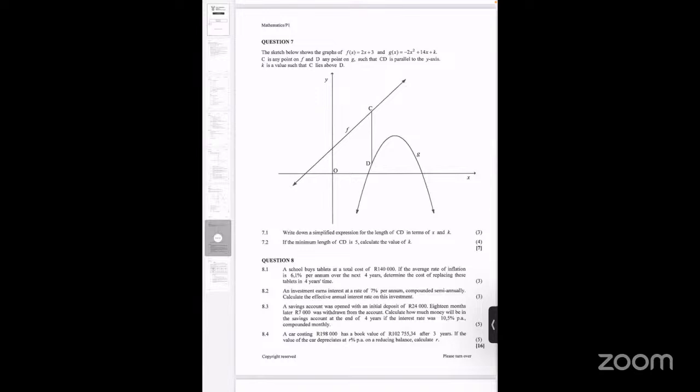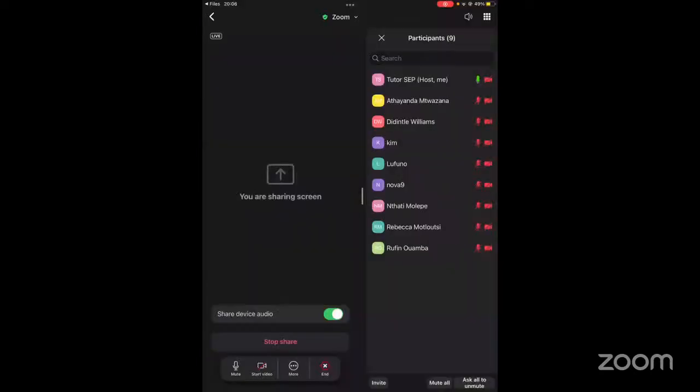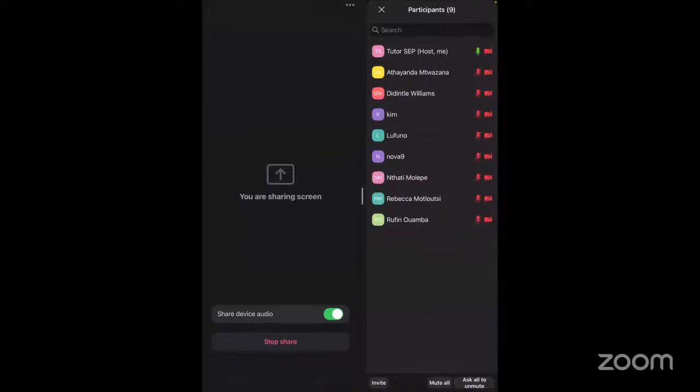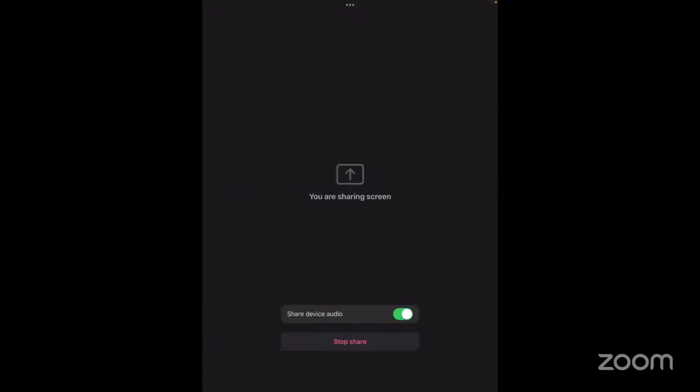The length of CD. Guys, any idea of how to approach this question? I hope my screen is sharing. Yes, it is sharing. Guys, do you have an idea?